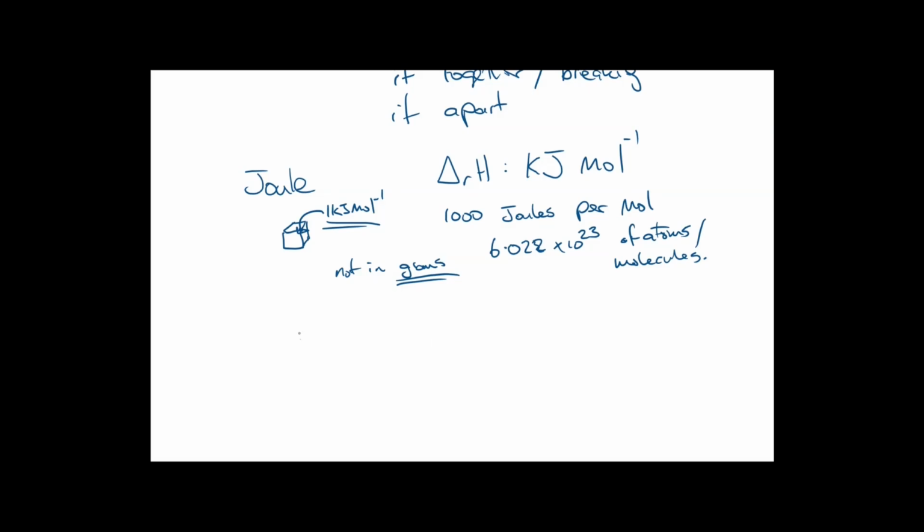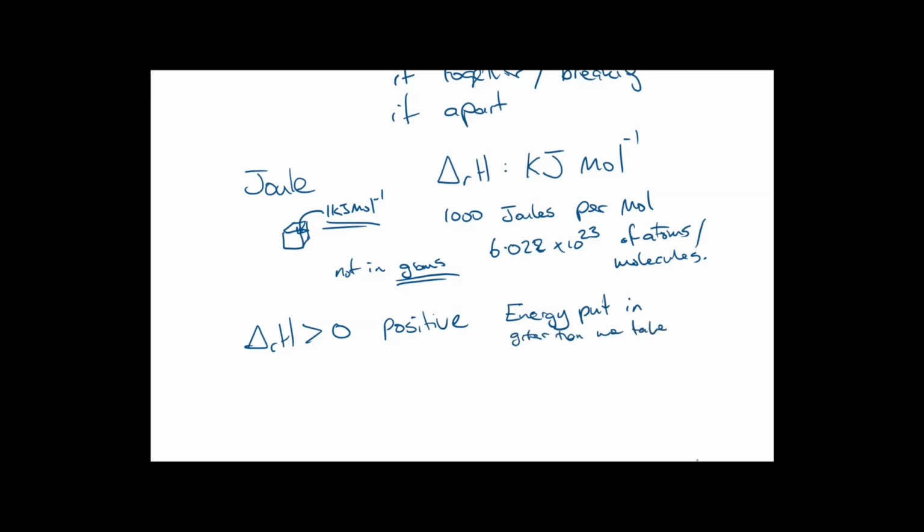So the convention is this. If the enthalpy is greater than 0, i.e. it's a positive number, it means that the energy that we put in is greater than we take out.